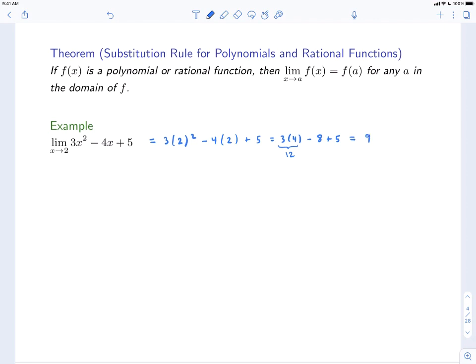The substitution rule for polynomials follows directly from all of the limit laws that we saw before, and we can verify that in this case. So let's check using the first three limit laws.